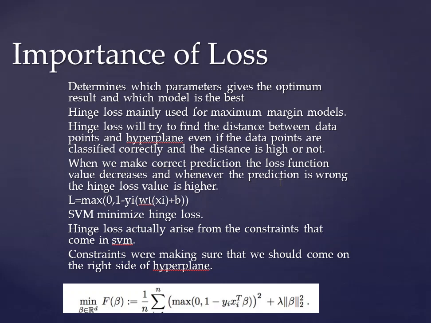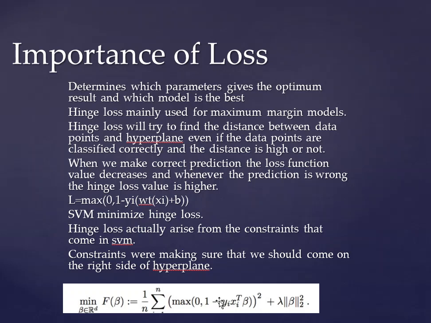We can look at it by putting in values. For a correct prediction, the value of yi, the true value, should be 1, and the value of yi hat should also be 1.